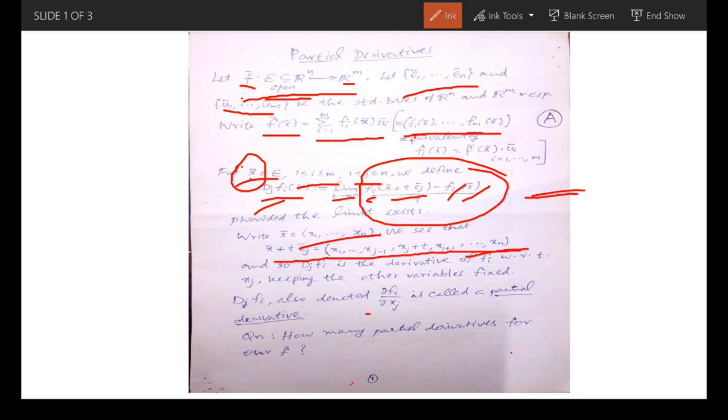What will I get? I can see that it is limit t tends to 0 fi of, substitute for x plus tej with this, minus fi of x divided by t.